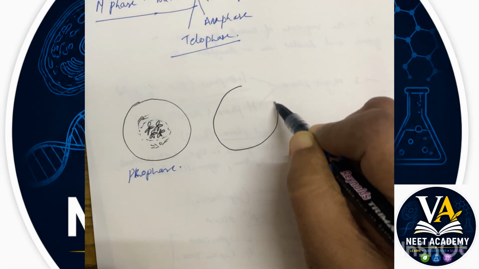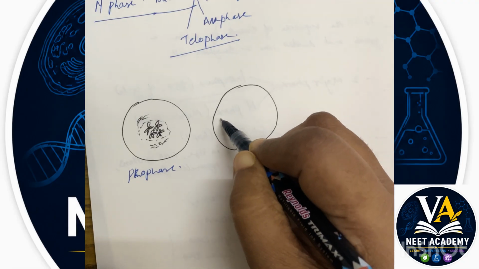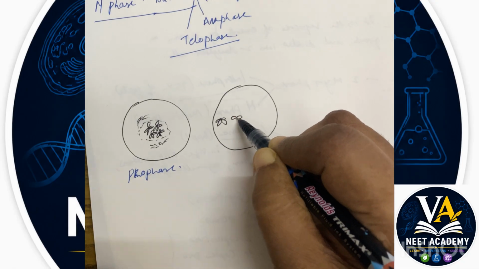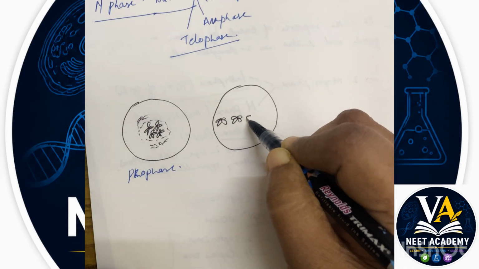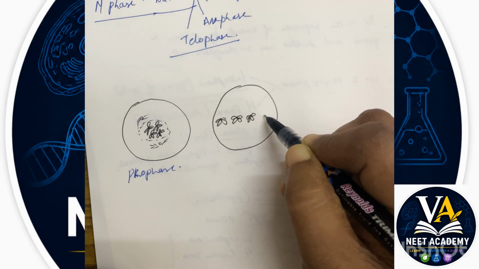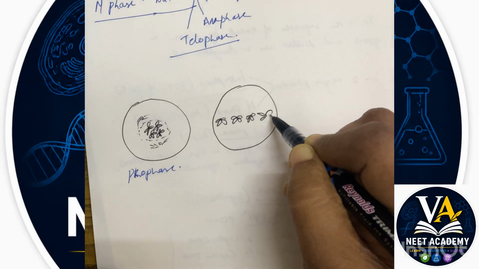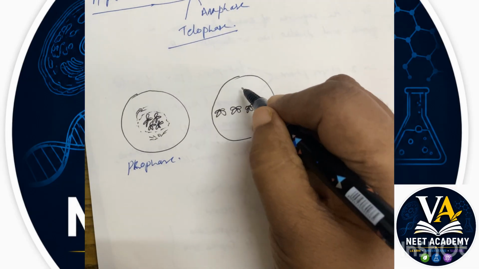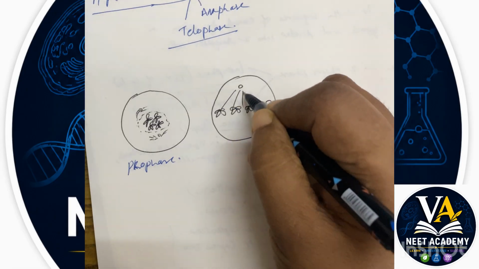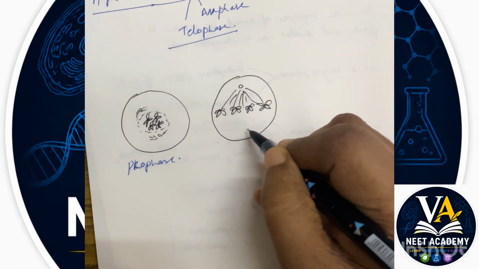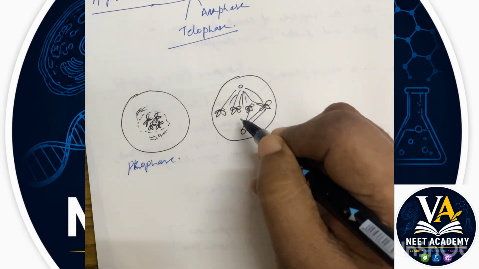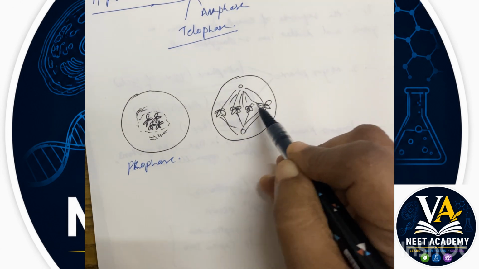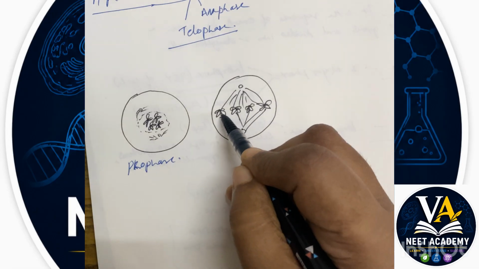Very simple. In metaphase, all the chromosomes arrange themselves in the equator of the cell, and the spindle fibers are attached to the centromere of the chromosome.